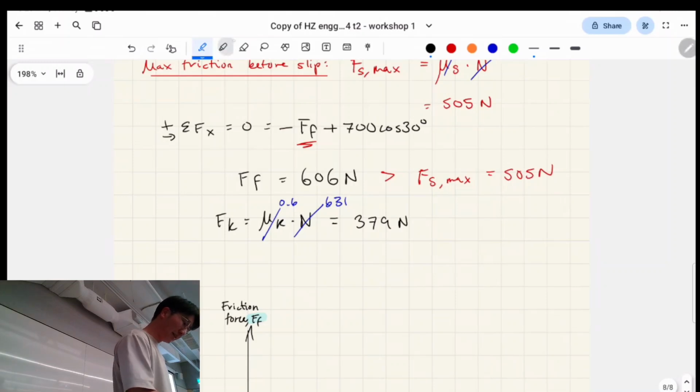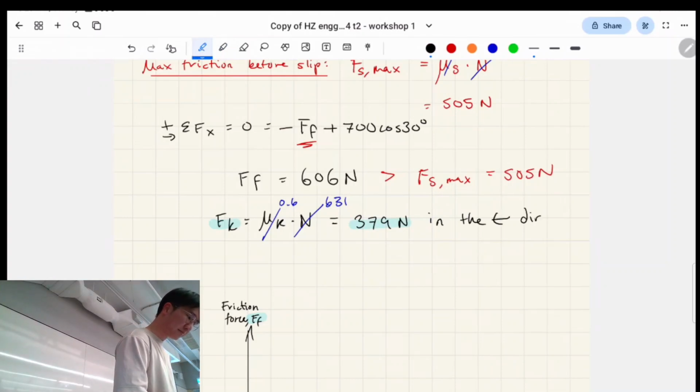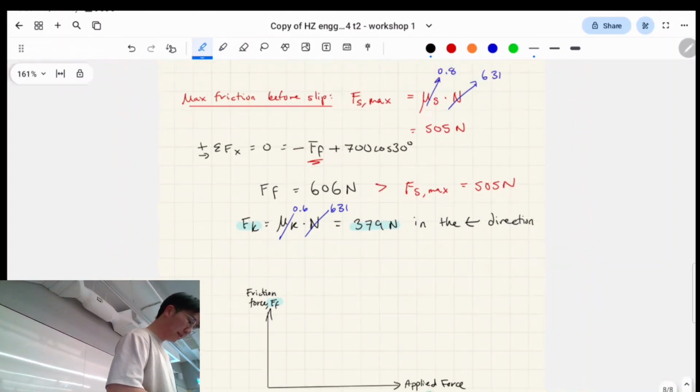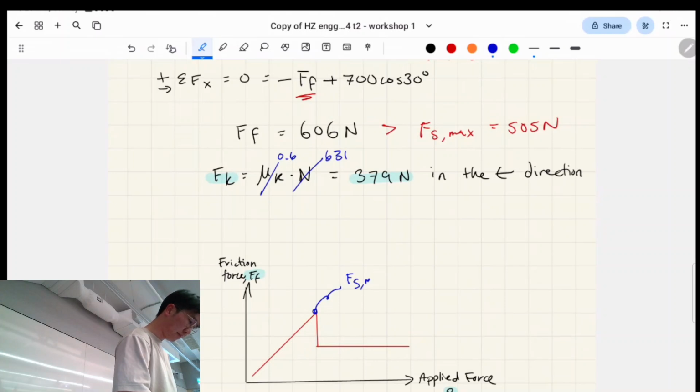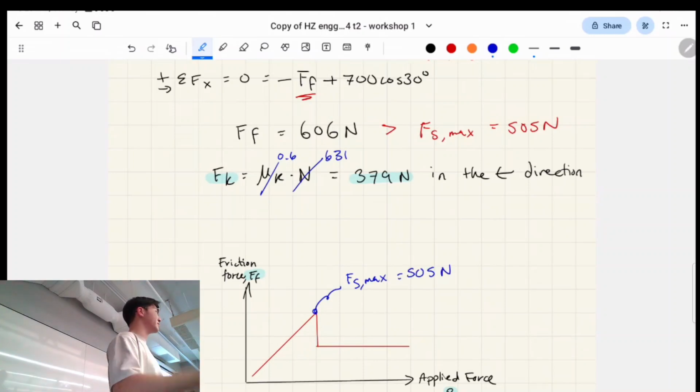Yeah, so we have a friction force in the left direction of that much, right? If we want to visualize it on a graph of what I was just explaining, it looks like this. Our threshold number is 505 newtons, yeah?